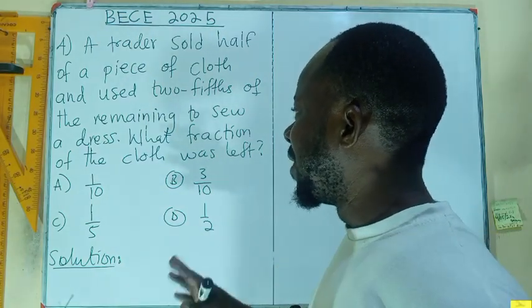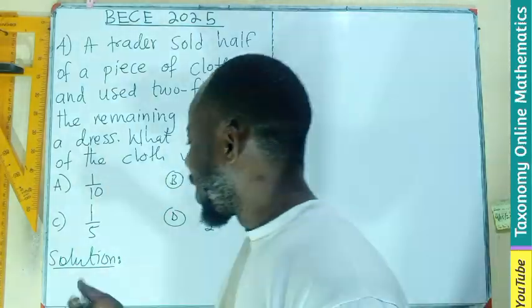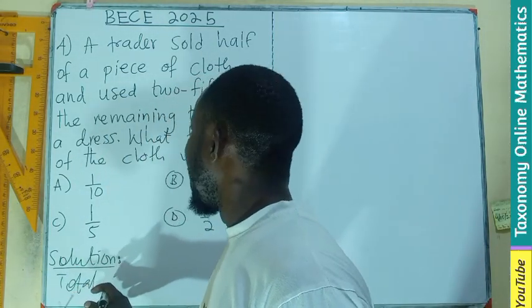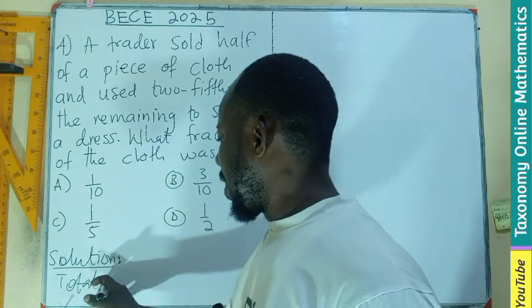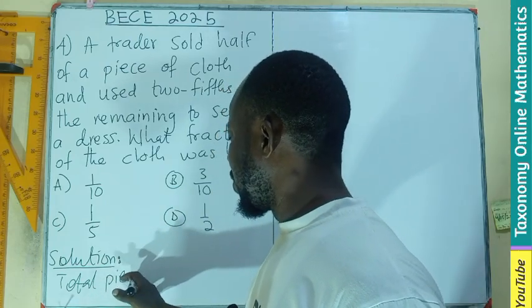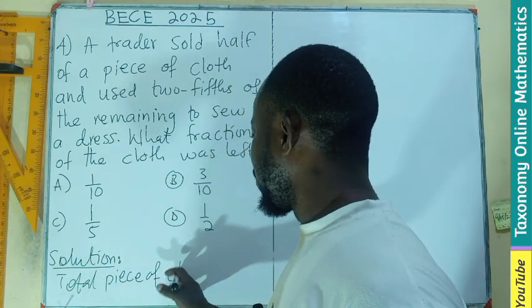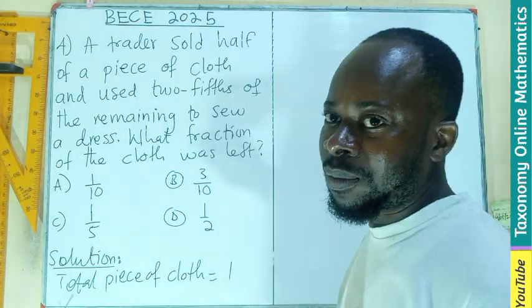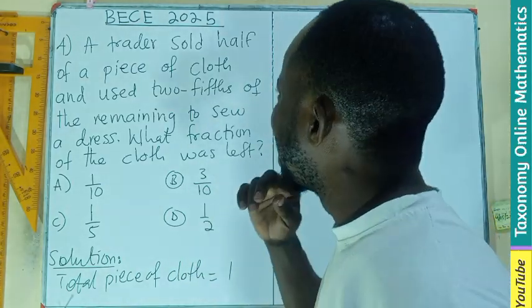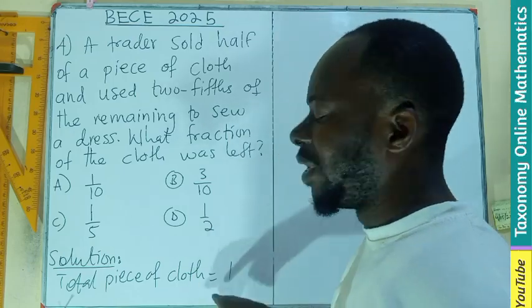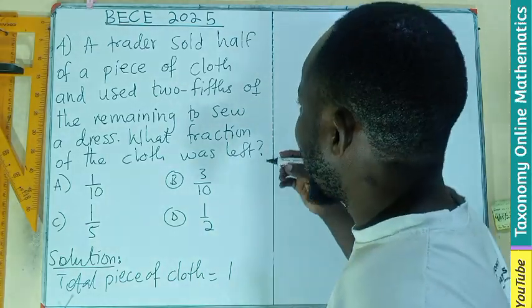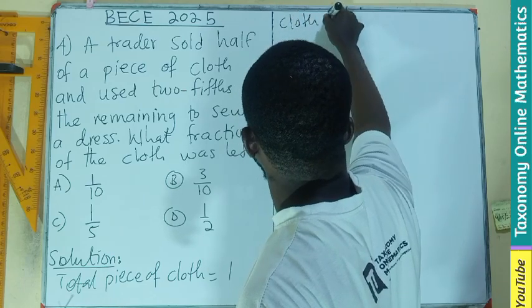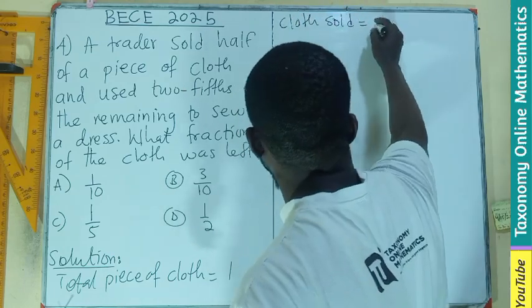So remember, if these are in fraction, we can say that the total piece of cloth will be equal to 1 as a total fraction. Then he said he sold half of this. So the cloth sold is just what?